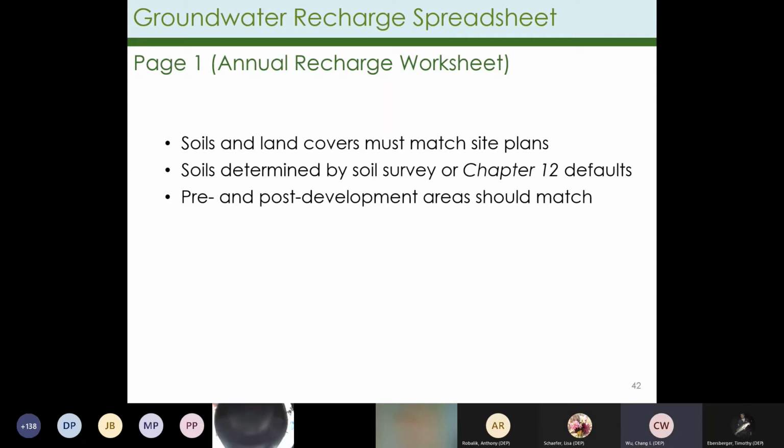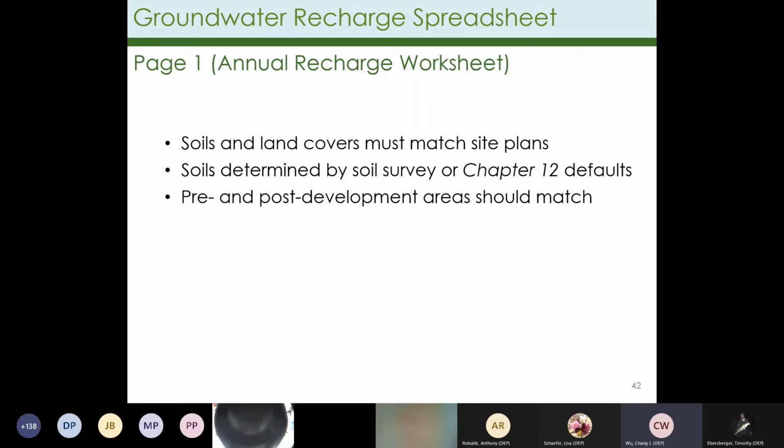And then we also check that the soil and land cover must match the site plan. Sometimes we see that in the calculation of the water quantity and quality, they use one soil, and then in the groundwater recharge spreadsheet, they use another type of soil.